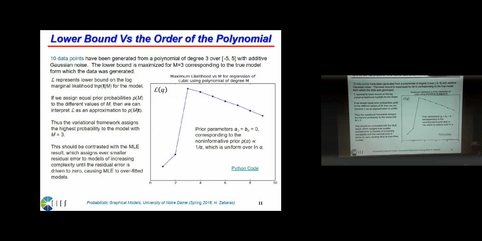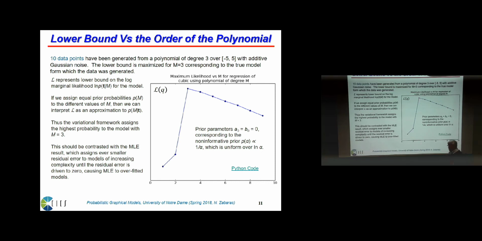If you apply this to a simple polynomial regression, you're asking what order of polynomial m you should use. You can use whatever maximizes the lower bound, and if you run this Python code, you can see m equal to 3 maximizes the lower bound.